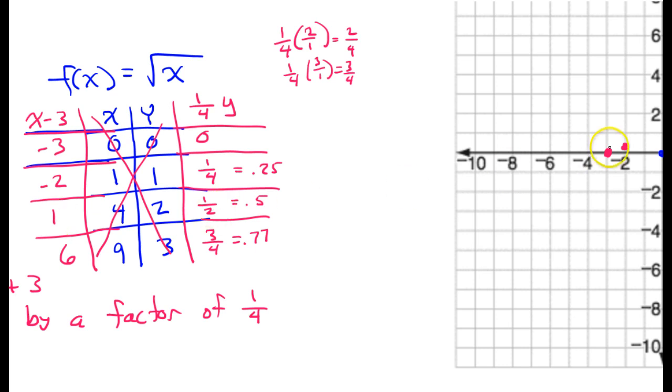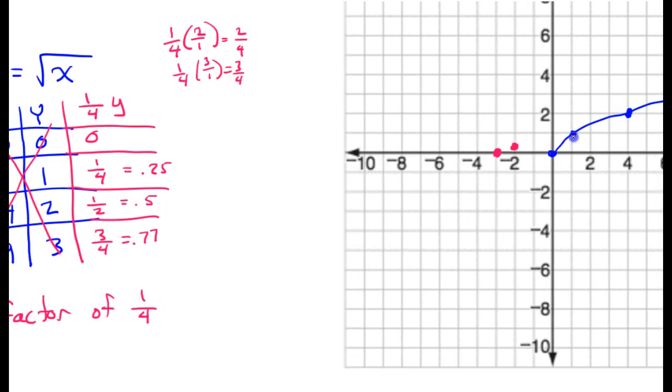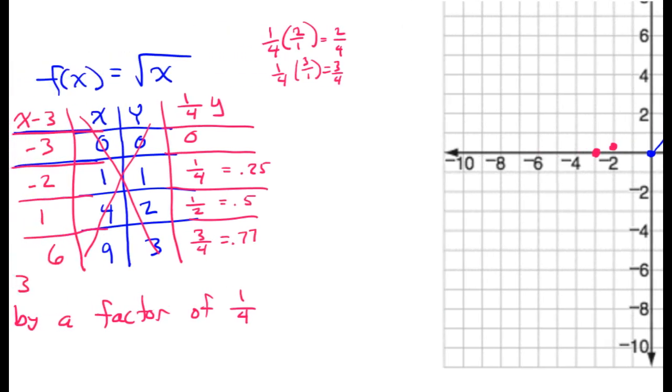+1 comma 1/2 is going to be right here. And 6 comma, why did I put 0.77? This is 0.75. That was weird. 6 comma 3/4.